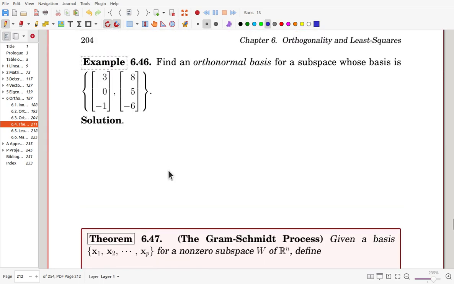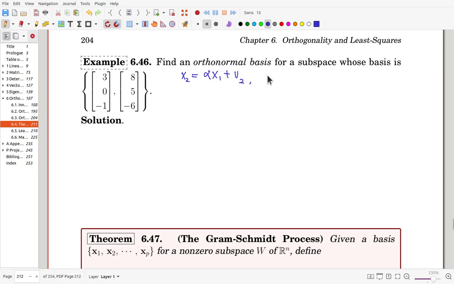Find an orthonormal basis for the subspace whose basis is given here. Orthonormal means orthogonal and normalized. So, okay, that is x1, that is x2. So x2 must be projected to x1, and then take the normal component.